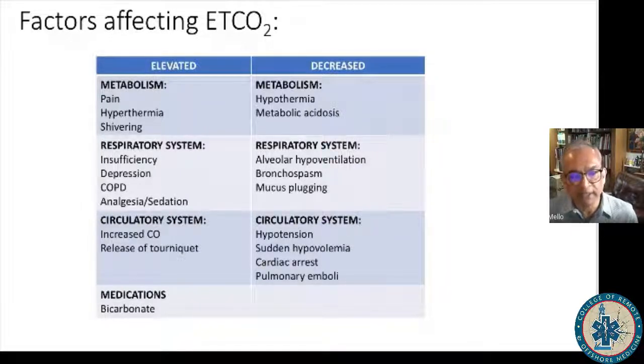It'll also be affected if the circulatory system is compromised, as you have in an increased cardiac output or the release of a tourniquet. If you've got a tourniquet for a long period of time, especially on the lower limb, a release of tourniquet will release a lot of lactate, CO2, free radical oxygen scavenging.